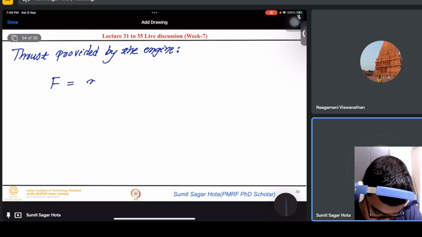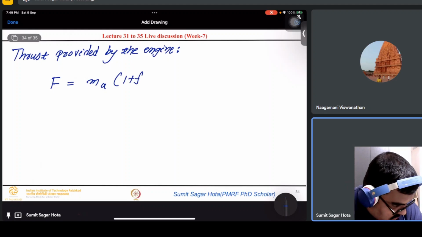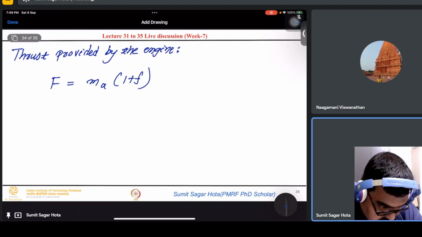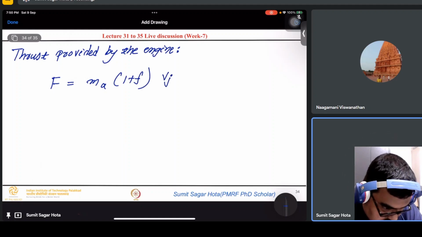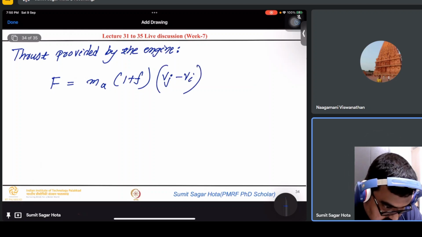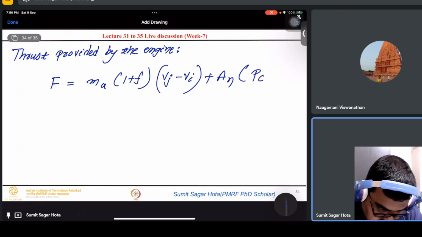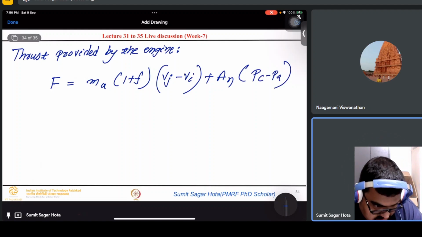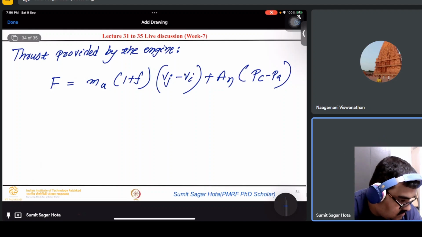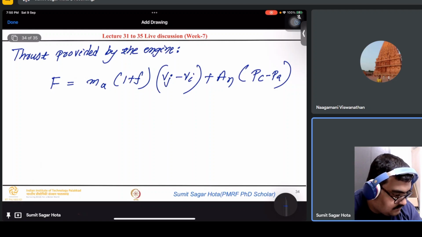F is equal to m dot a into 1 plus f, into Vj minus Vi, plus An into Pc minus Pa. Vi is your velocity at the inlet.